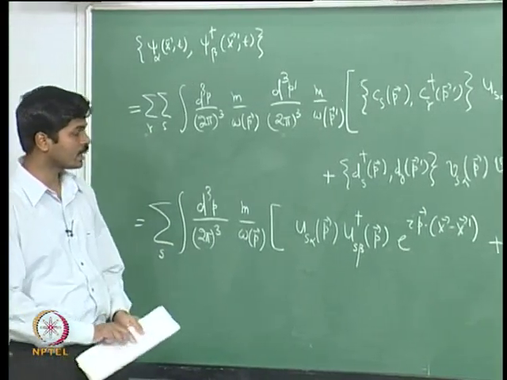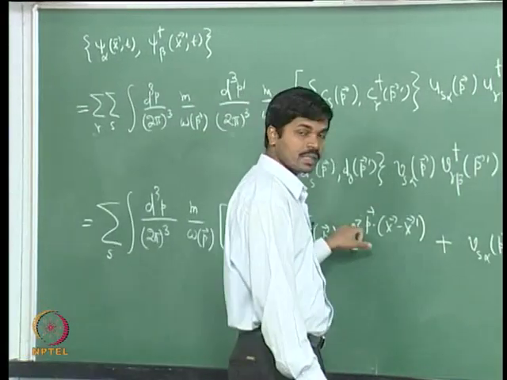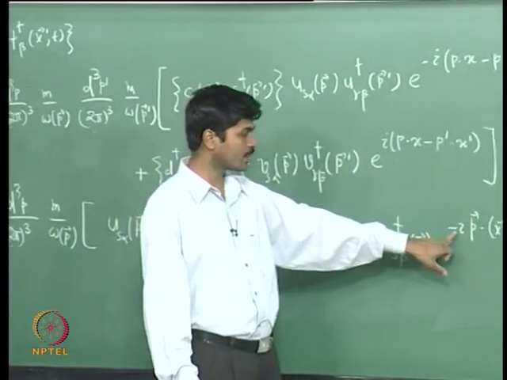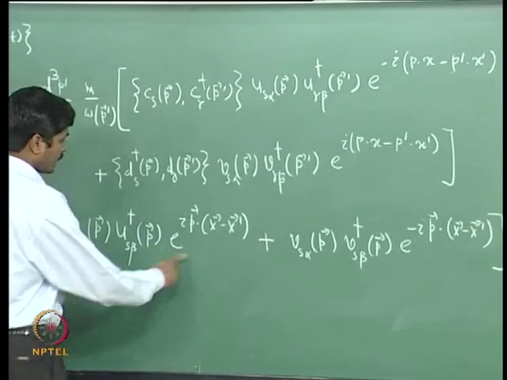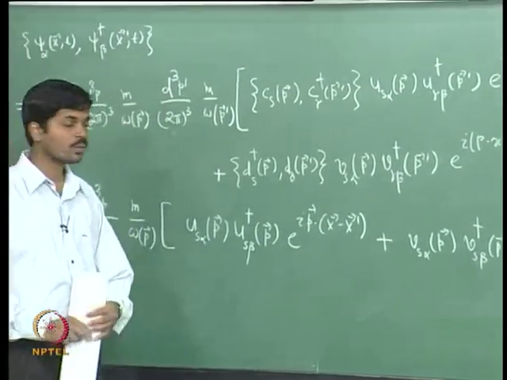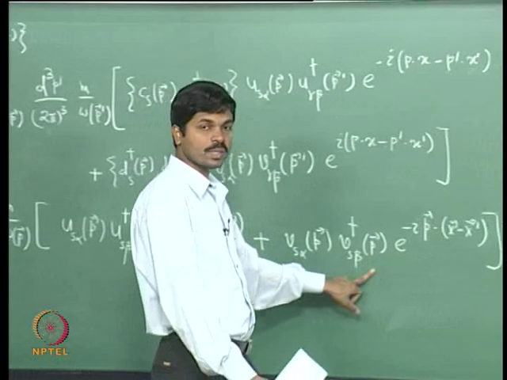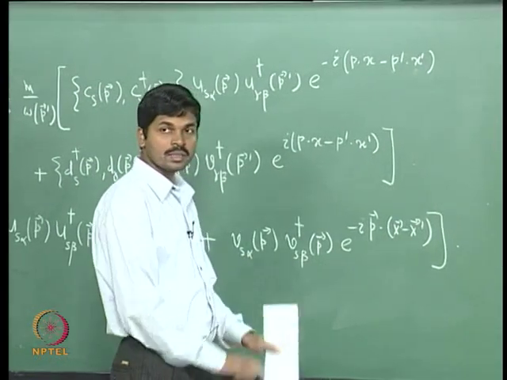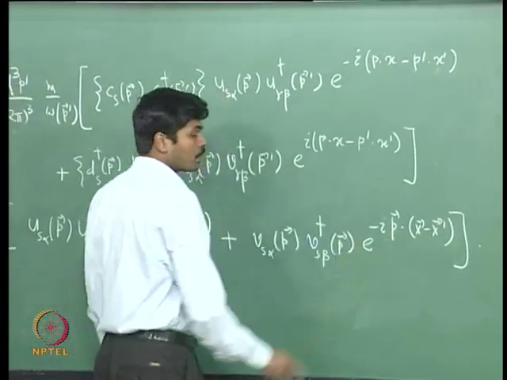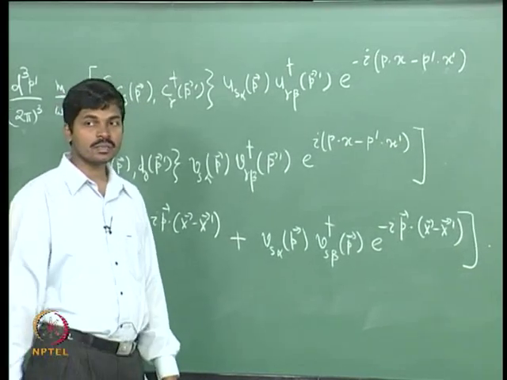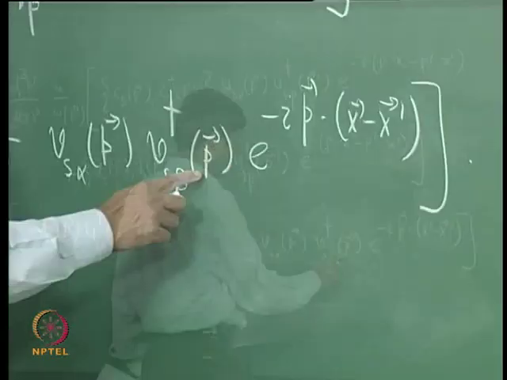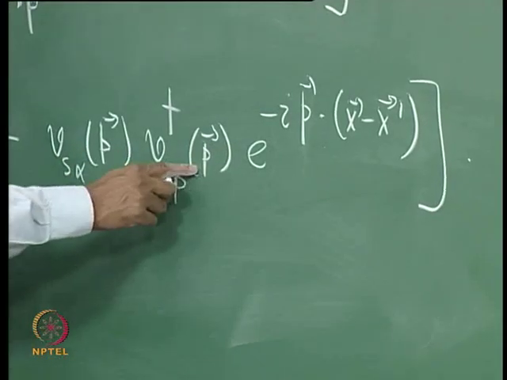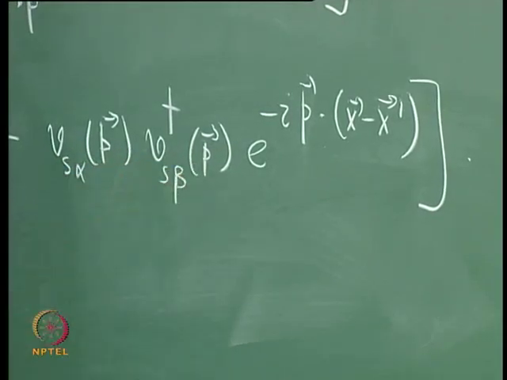Now you look at the sign here, here it comes with a plus sign, but here it comes with a minus sign. If I want to take this as a common factor, what I can do is, in the second term for example, change this integration variable p to minus p, and when I do that, here I will have a plus sign, but the arguments of V s will change sign, right?